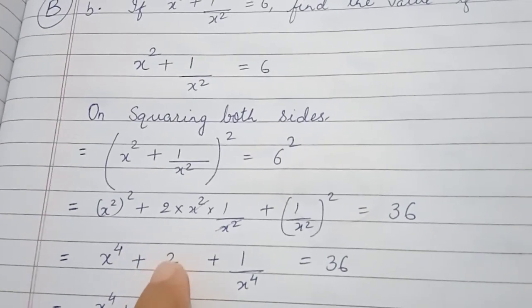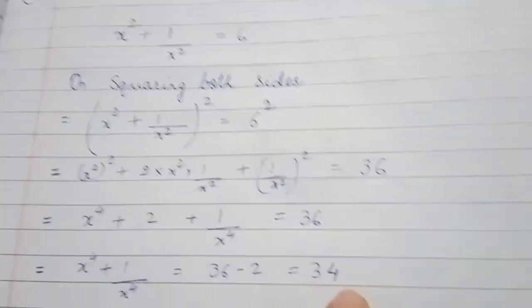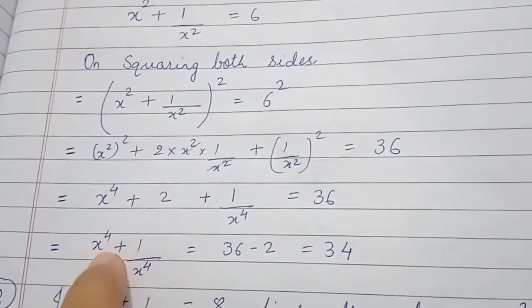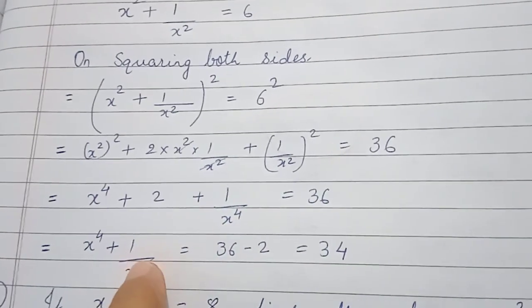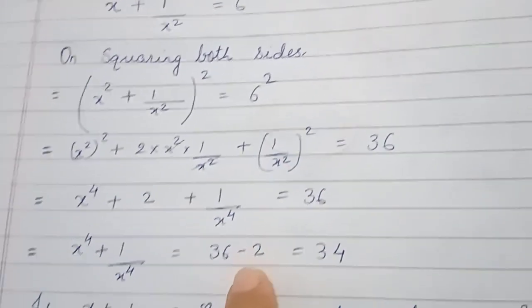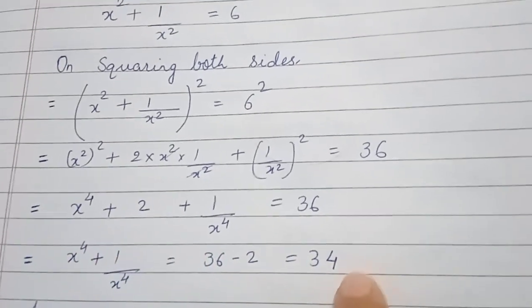When plus 2 is transposed to the other side, it becomes minus 2. What is left is x to the power 4 plus 1 by x to the power 4, and the value of this term is 34.